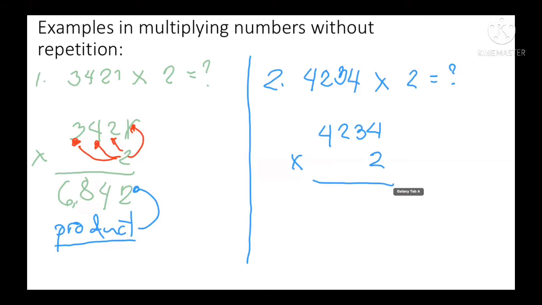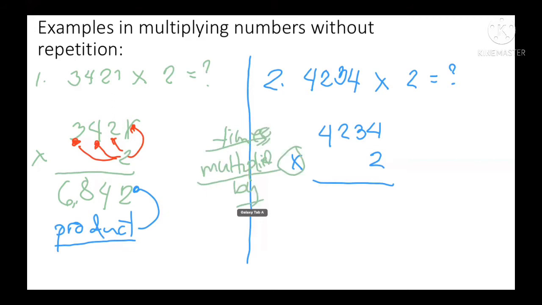Again, just a review. We can call this symbol times or multiplied by. So you can say 4,234 times 2 or 4,234 multiplied by 2. They are just the same.